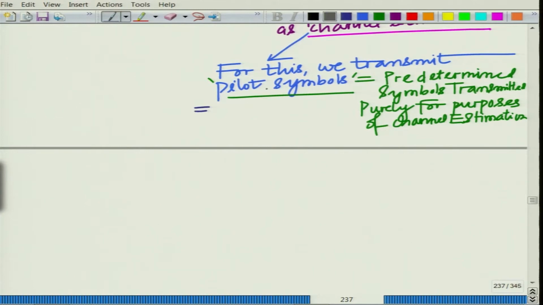So, this pilot symbols frequently in wireless communication, these are also known as training symbols, right. In fact, the sequence that we are transmitting, the set of pilot symbols or the sequence of pilot symbols, this is known as the training sequence, right.